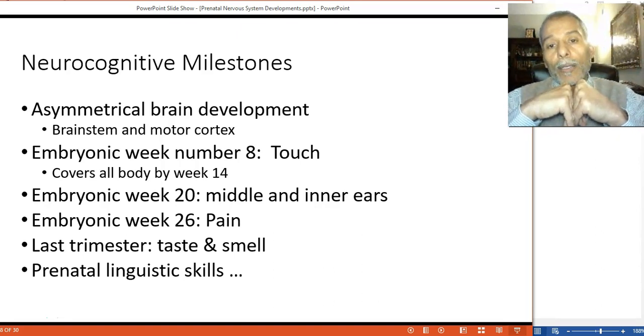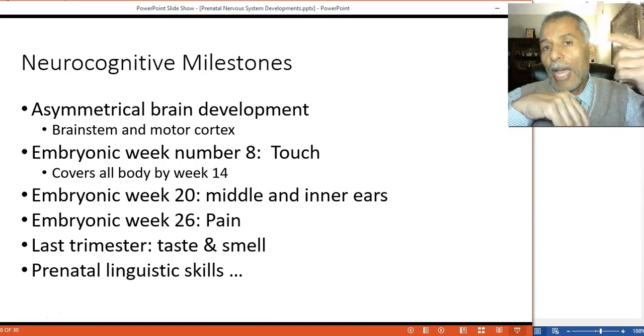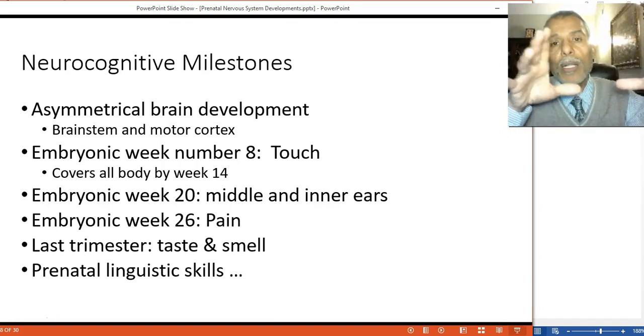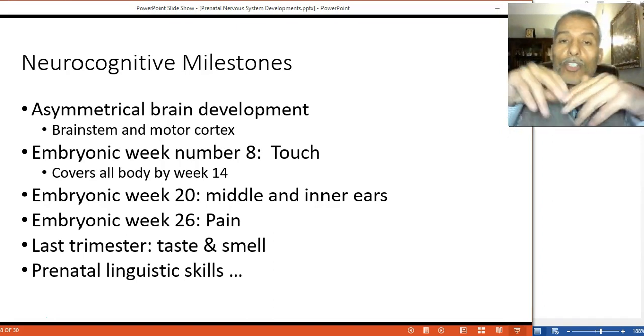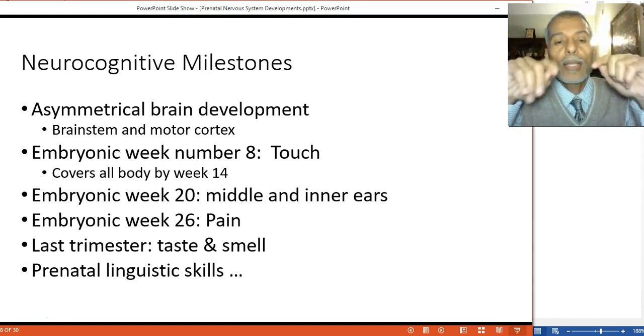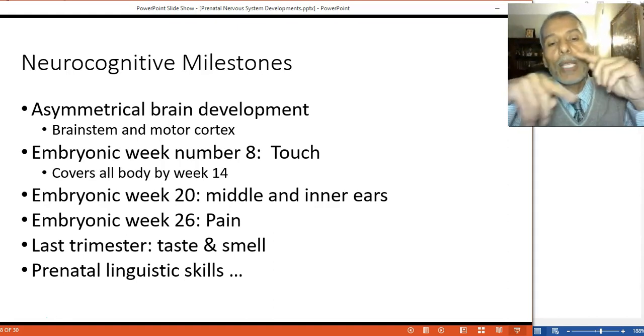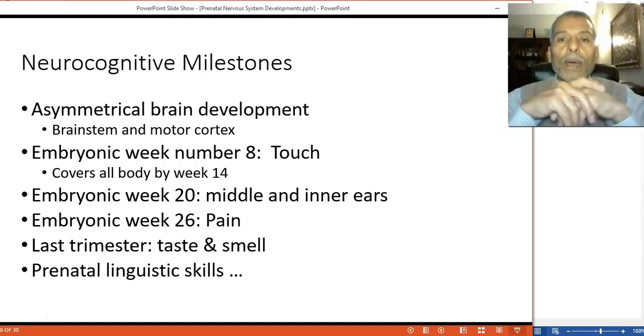By week 20, the middle ear and the inner ear are adult size, and they are able to function, they are able to hear sound, and from that point in time, the baby is able to hear the mother's voice.